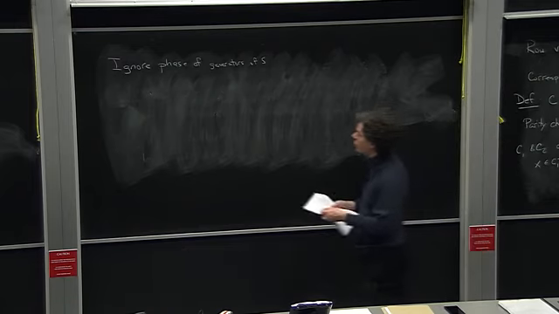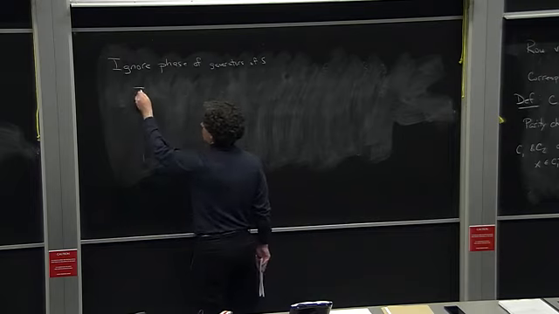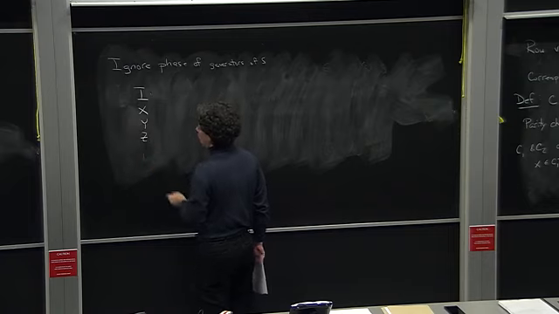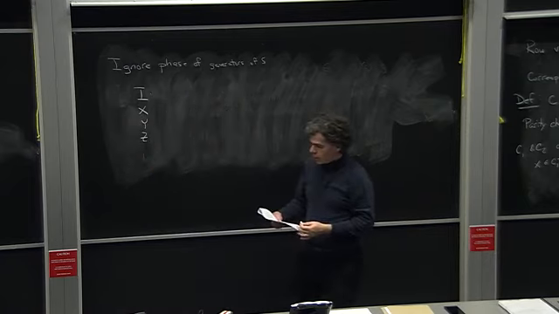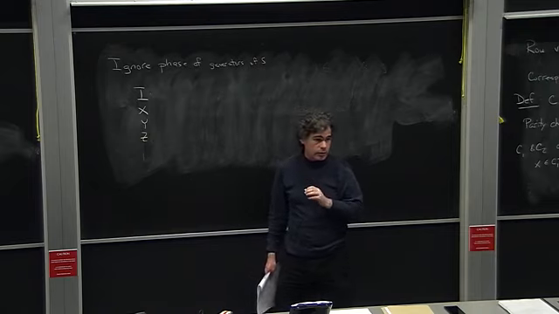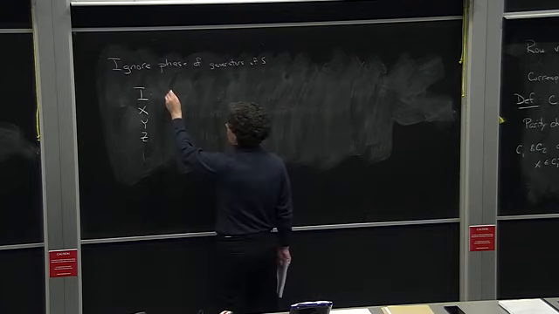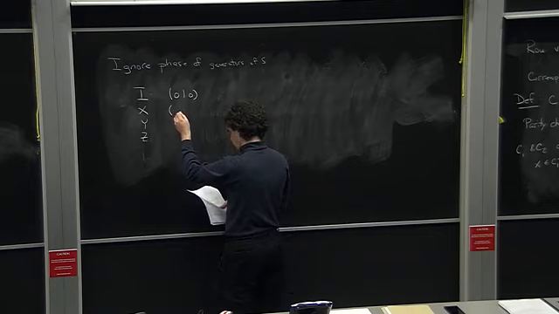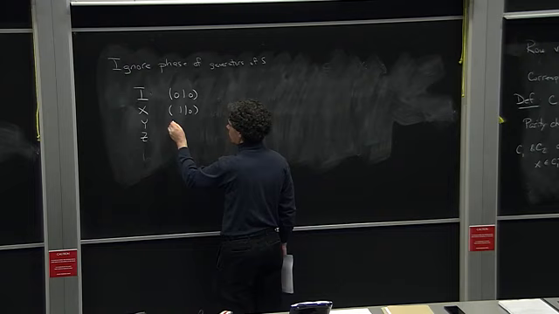Okay, so what we're going to do is we have the Paulis, and we're going to replace them by 2-bit binary vectors. So I is going to be 0, 0. X is going to be 1, 0. Z will be 0, 1.